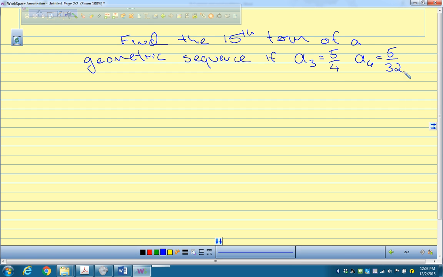Okay? So this is a lot like those problems that we did over there where you're given two terms in your sequence and you have to solve an equation with two variables.